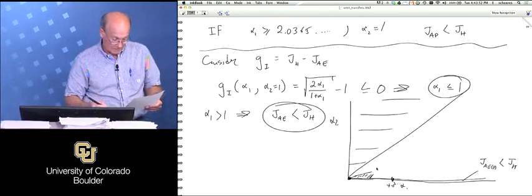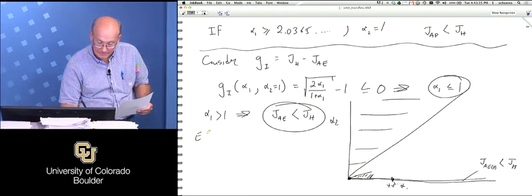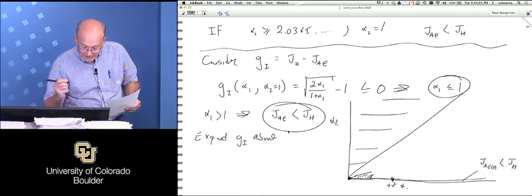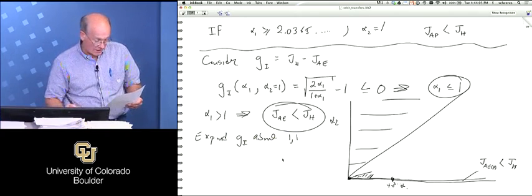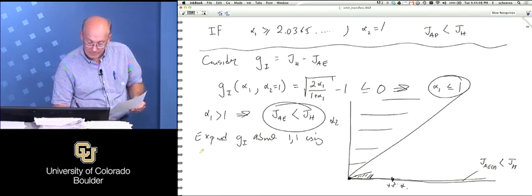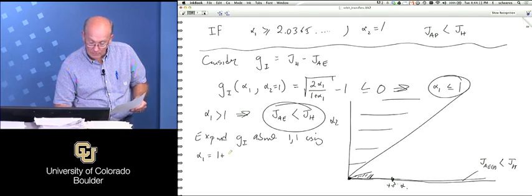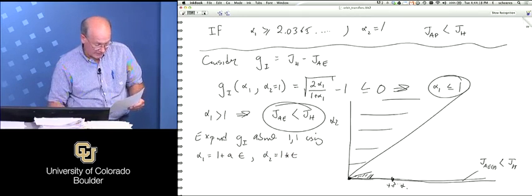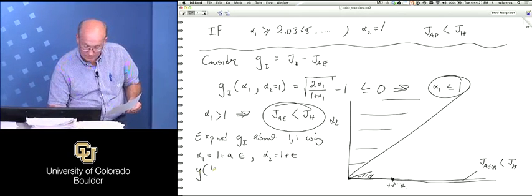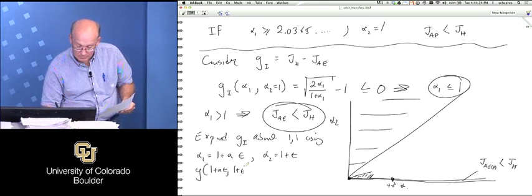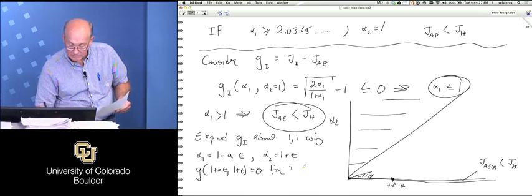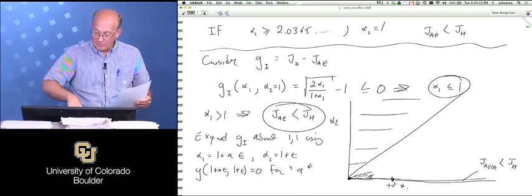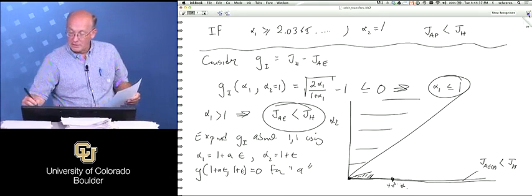And what you can do is actually expand G1 about the origin 1, 1 using alpha 1 equal to 1 plus some parameter A epsilon, and alpha 2 equal to 1 plus epsilon, and then solve this equation for this slope parameter A. And that's actually going to give us some information about the slope of this line as it comes out of the origin of this plot.